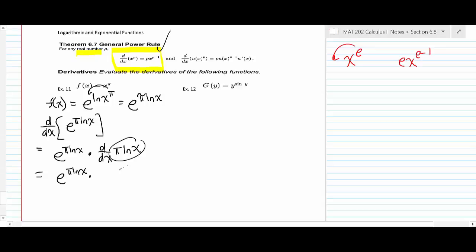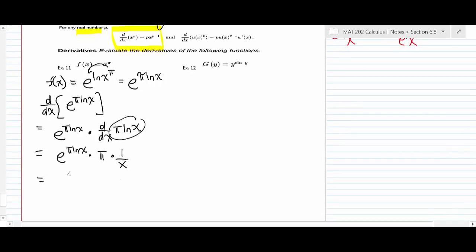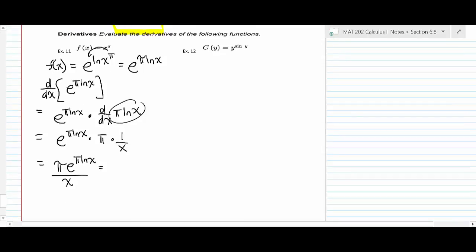Because pi is a constant, and the derivative of ln x is 1 over x. So what you end up having is pi e to the pi ln of x all over x. Now I'm going to do a little bit of algebra on this, because we're going to clean this answer up a little bit. What could you do with this pi right here?